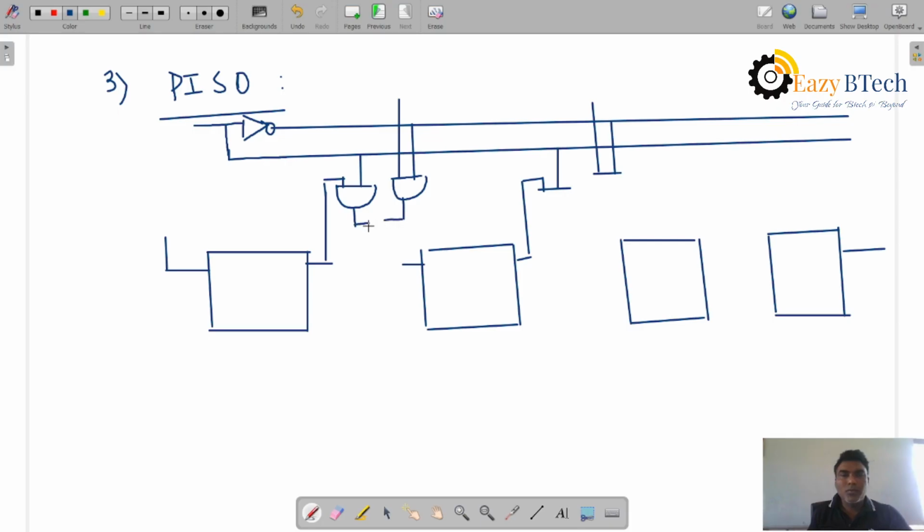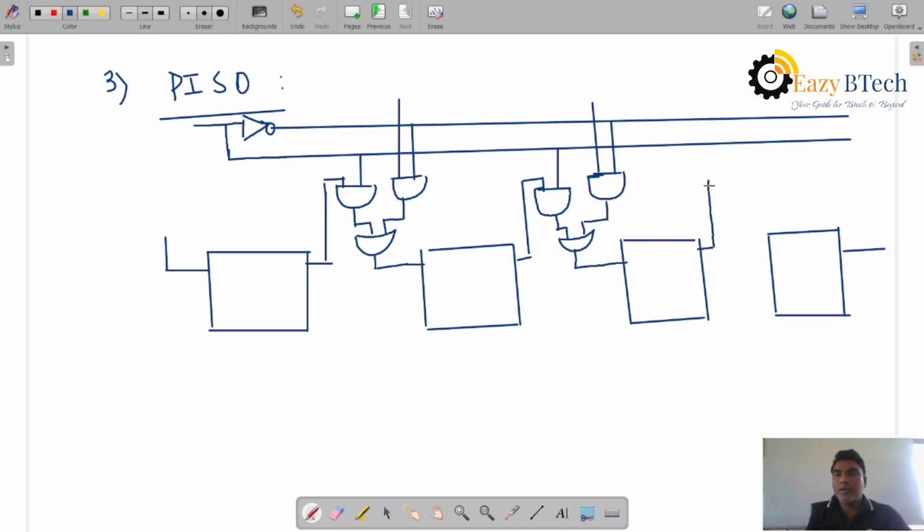These two outputs are given to one OR gate. This is again one AND gate. From here we can take an OR gate.